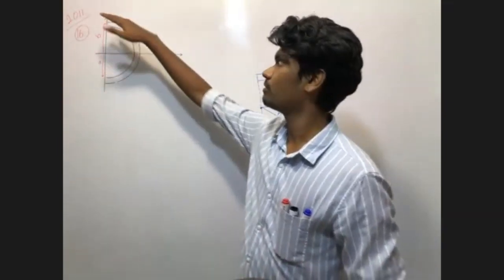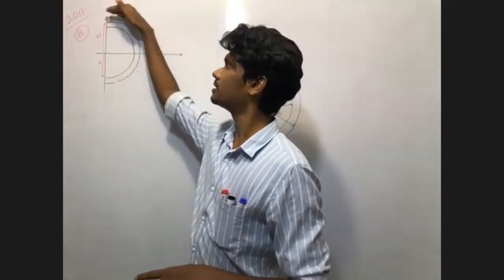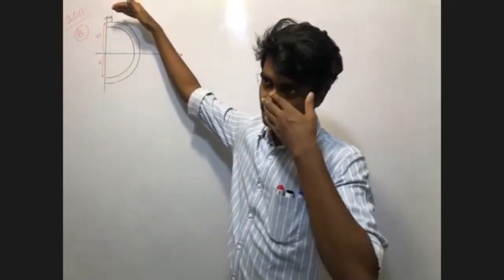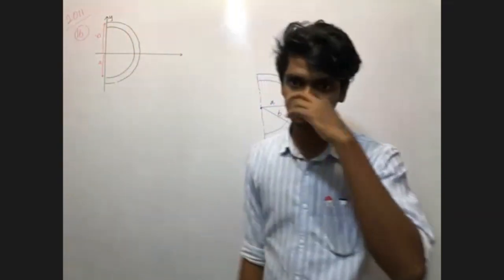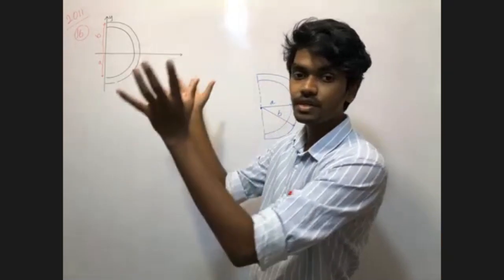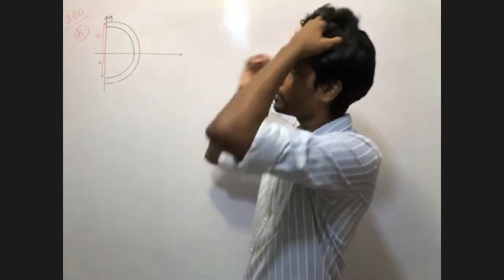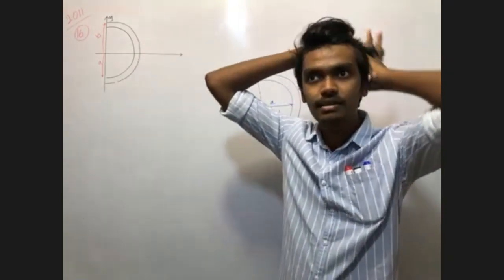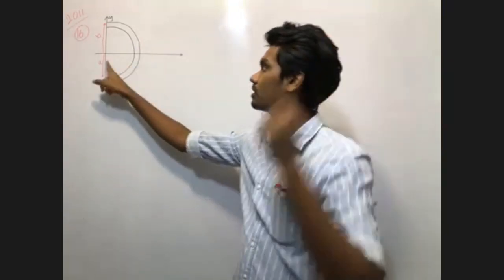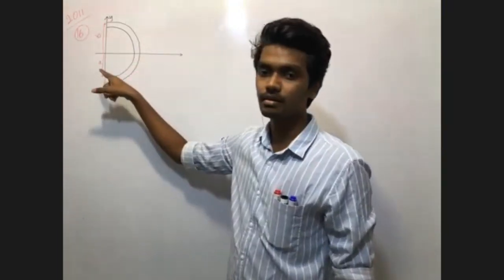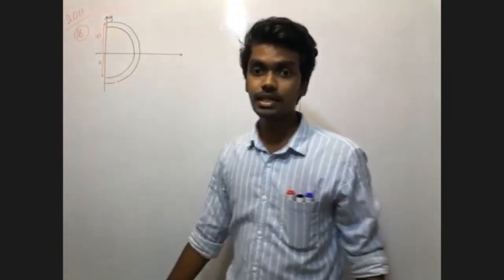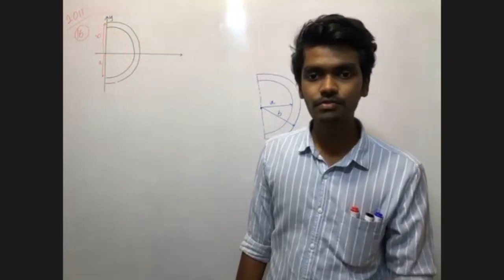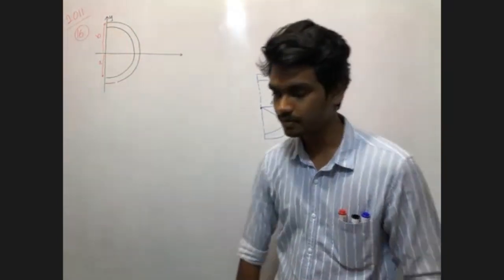From a solid hemisphere of radius capital B, you are going to cut out another hemisphere of radius simple length A. Right.